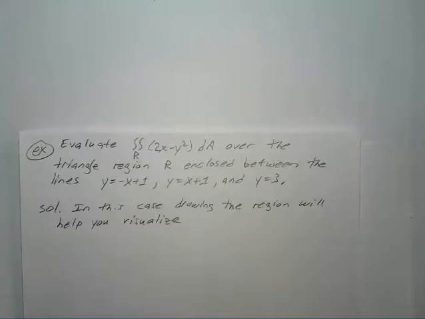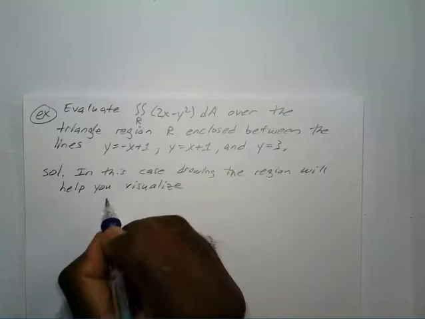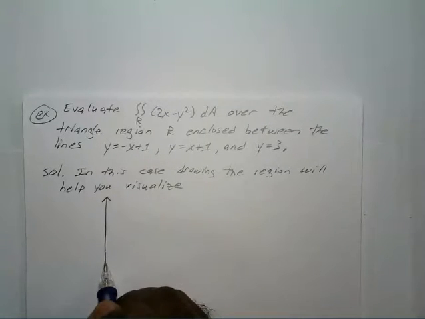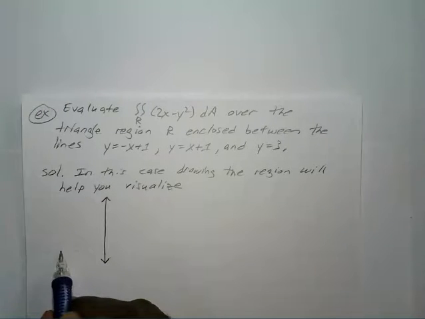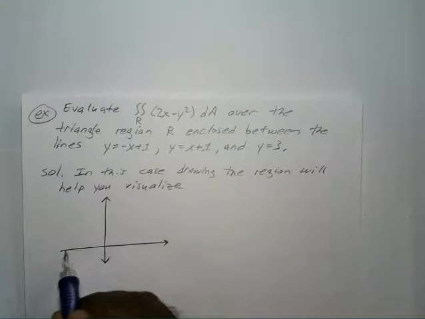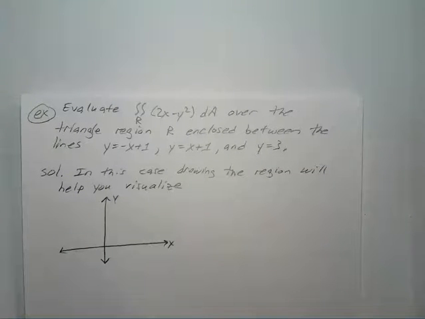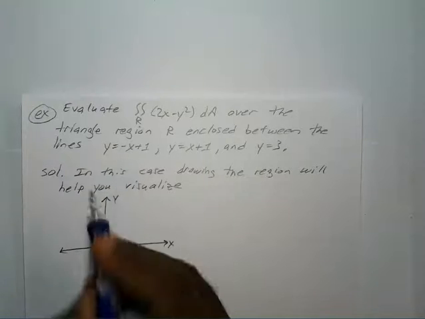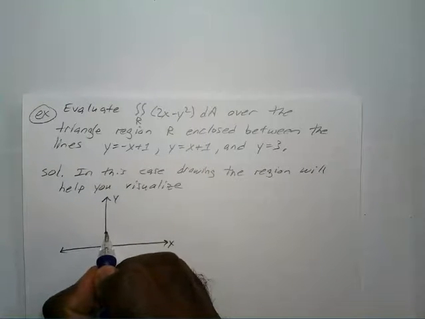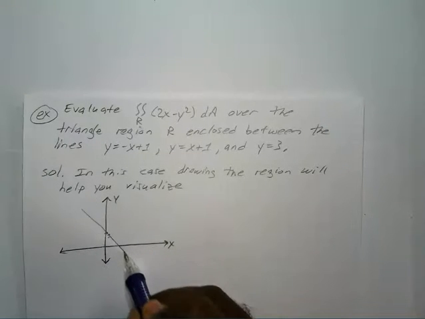Okay, so what if we have our region here? And make sure it's big enough. So we have our x and our y there. If you draw negative x plus 1, let's say this is our 1. Negative x plus 1 would look kind of like that.